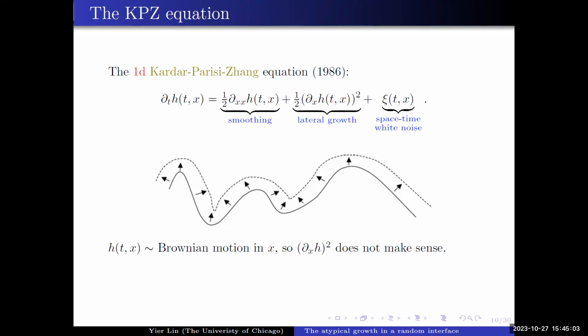If I have a unit growth in the normal direction, then because we are measuring the height using the vertical coordinate, the height will grow by square root of 1 plus (partial x h) squared. So this suggests you should put something like this in the equation.